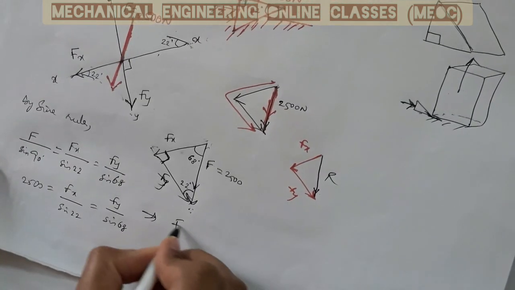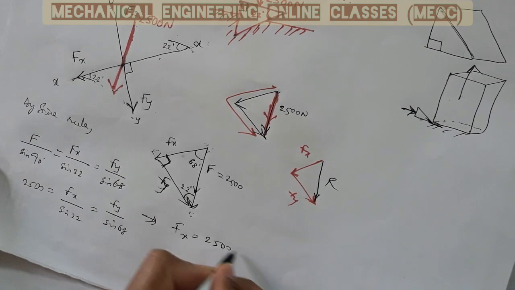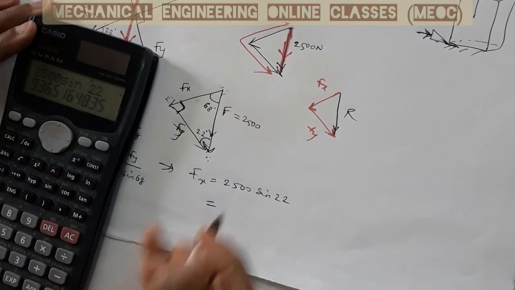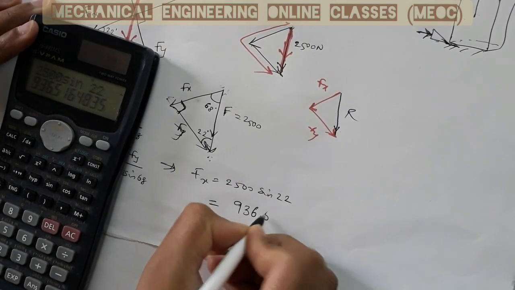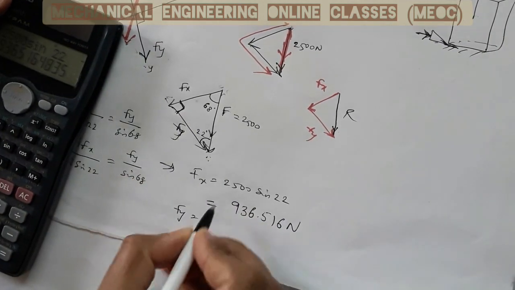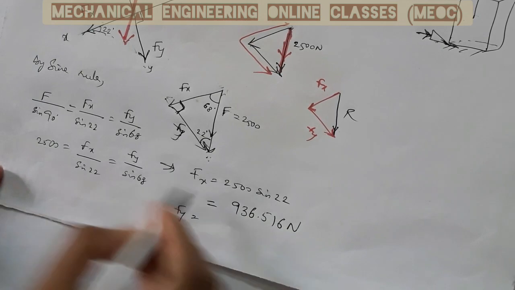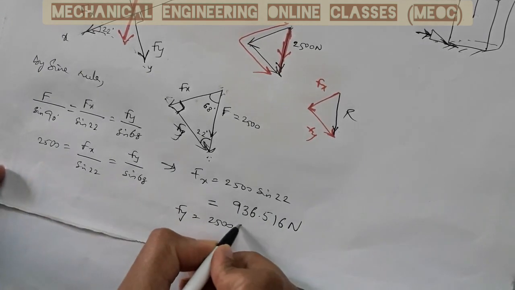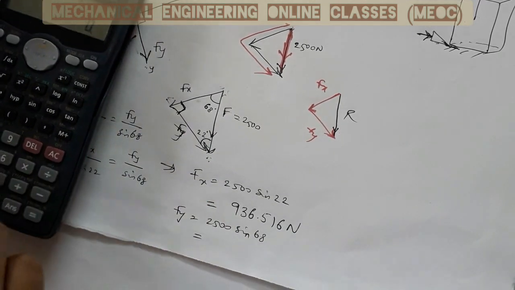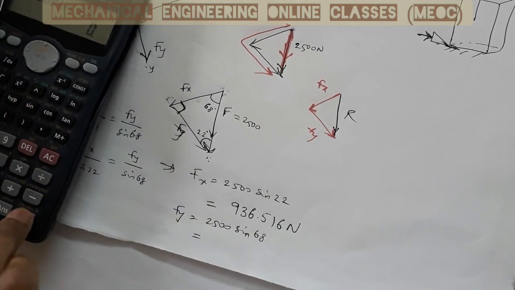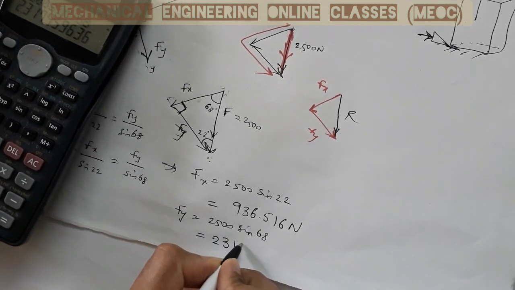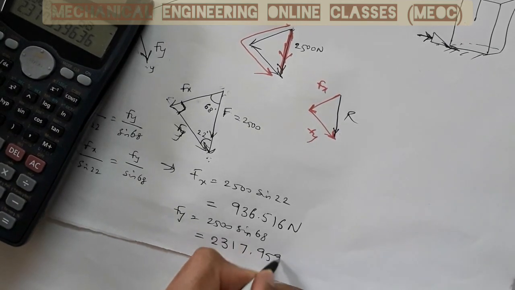From here, Fx is 2500 sine 22, which will come out to be 936.516 Newton. Similarly, Fy is equal to 2500 into sine 68. So this will be 2317.9596 Newton.